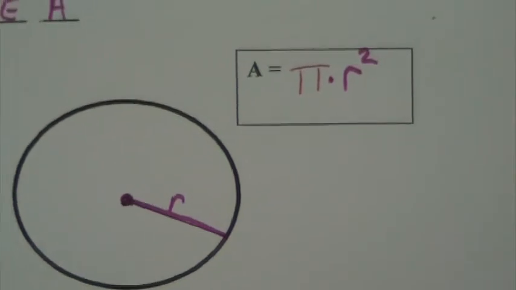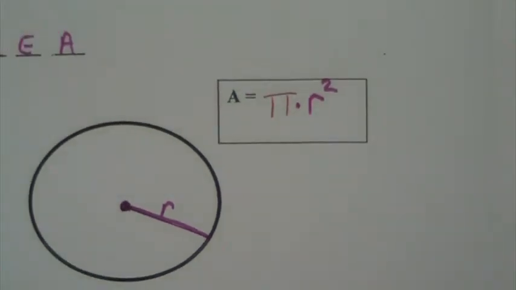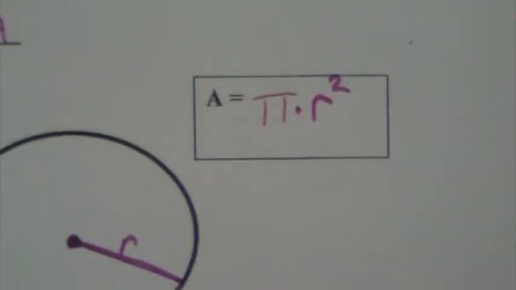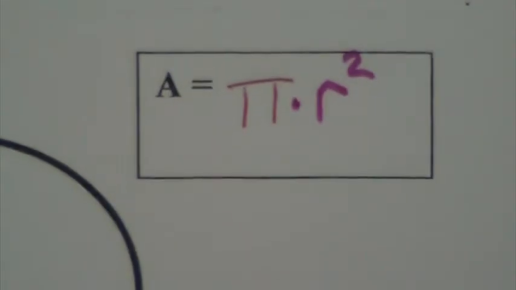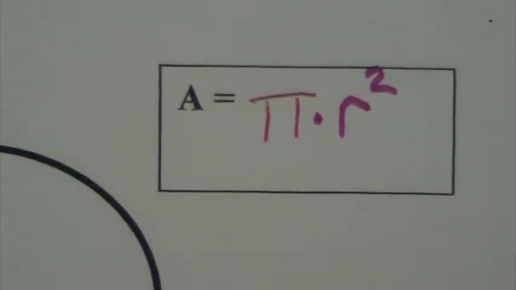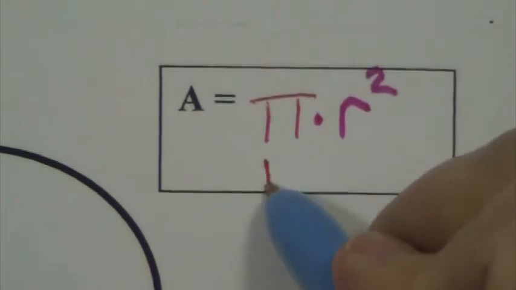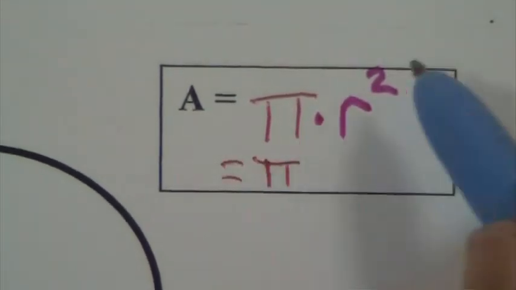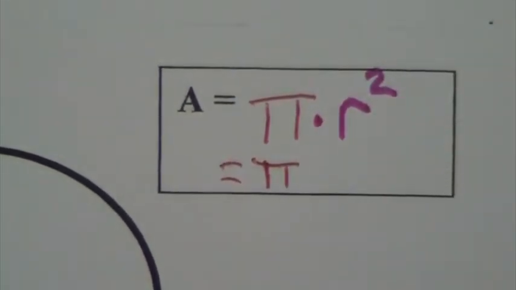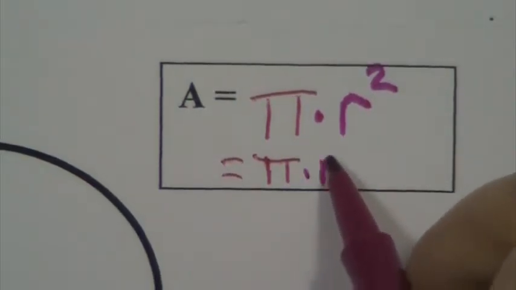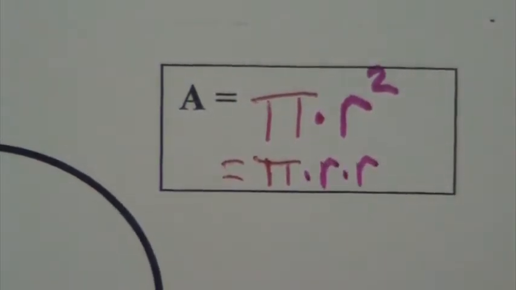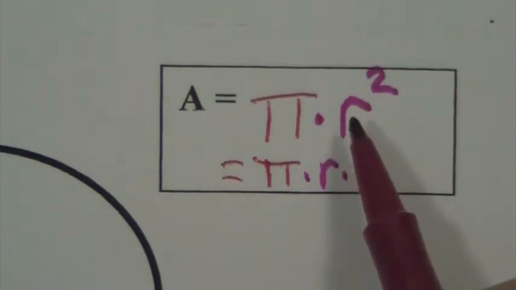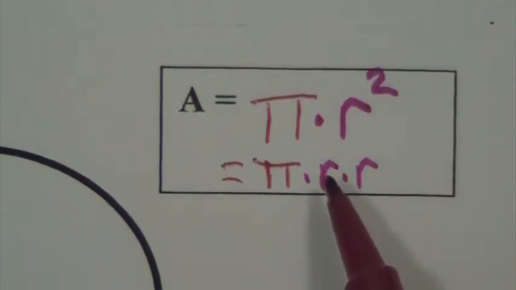Now, if you want to, you can write that a little bit differently if it helps you. You could simply say it's pi times the radius times the radius, because that's what radius squared is. It's r times r.